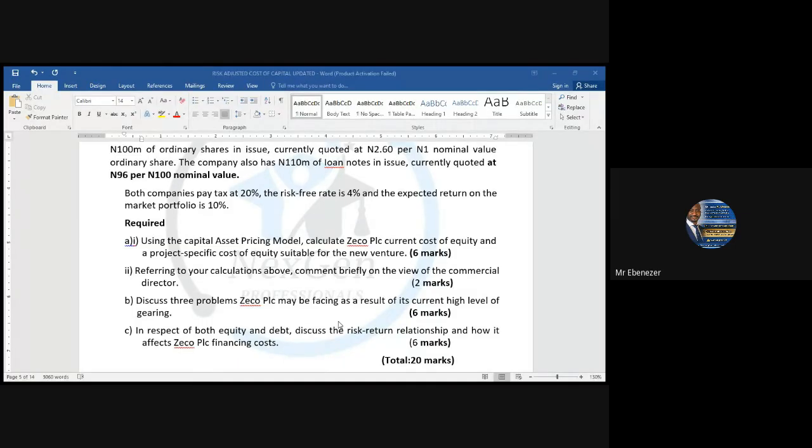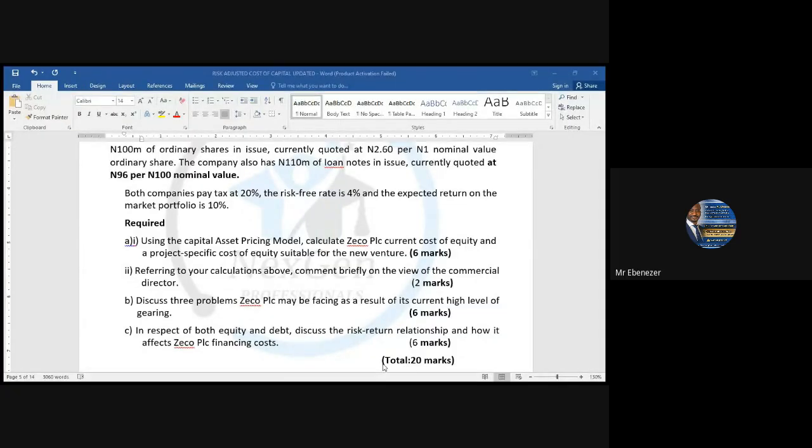Tell us what will happen to the finance if we go for equity, and what will happen to the capital structure of the company if we go for debt. And this is 6 marks, right? This is a very standard question. Actually, it's a normal question.